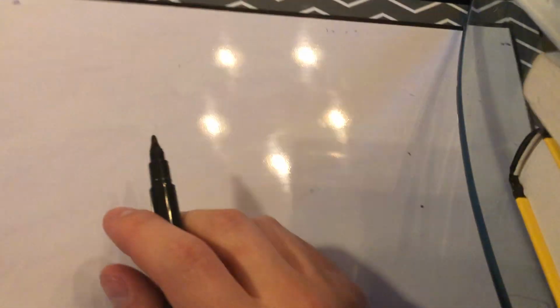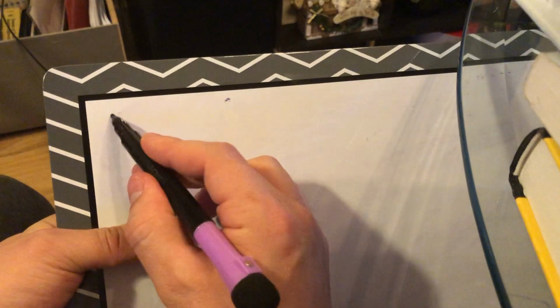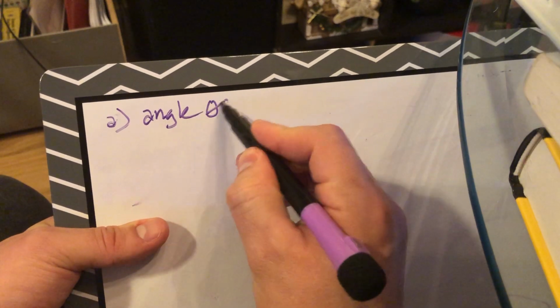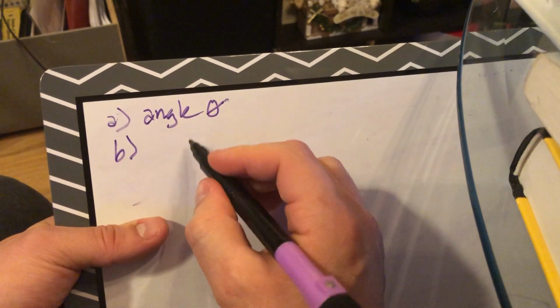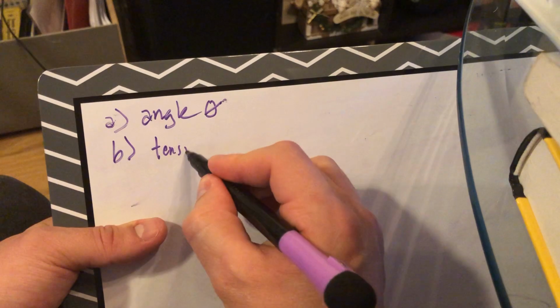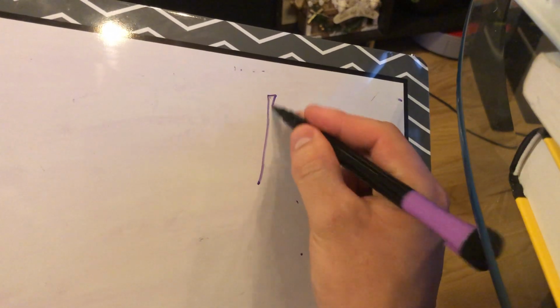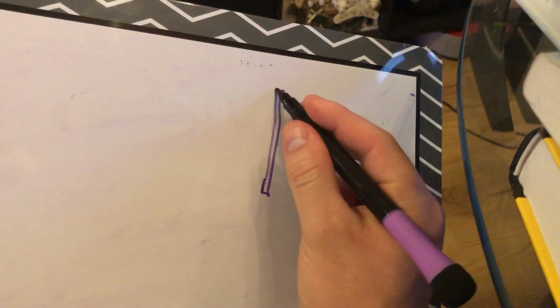So, cool. For this problem we want A, the angle theta, and B, the tension in the cord. And what do we have? We have this guy right here.